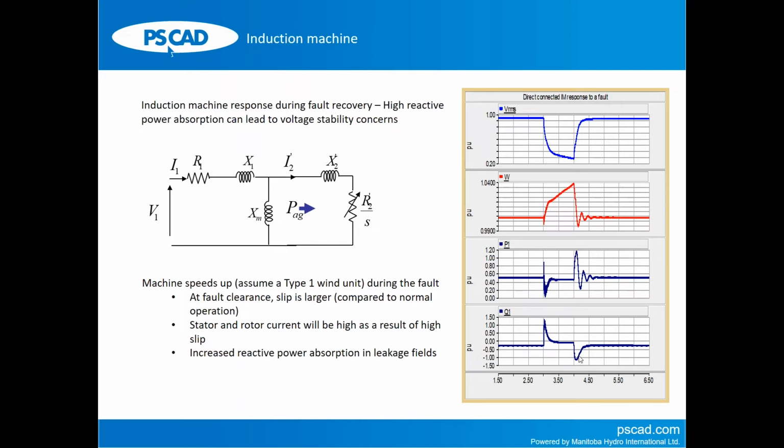So 10, 15, 20 years ago, type 1 wind farms were fine because you hardly had more than 1 or 2 wind farms in your whole system. But when wind became more popular and penetration became larger, system planners wouldn't allow this delayed voltage recovery. So that's why type 1 wind farms are now probably not even heard of in Europe, North America, Australia, and places like that. Delayed voltage recovery.